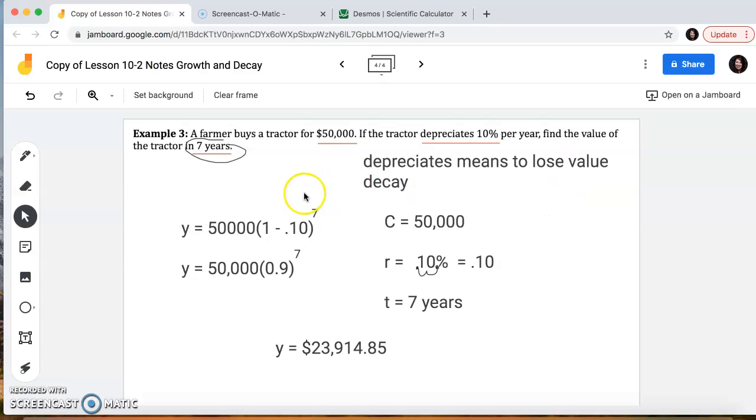So if the tractor was $50,000 when he first bought it, but it depreciates at 10% per year, after 7 years, the tractor is only going to be worth $23,914.85. So if the farmer wanted to sell back the tractor, he would only be able to sell it for less than half of what he originally paid for it 7 years prior.